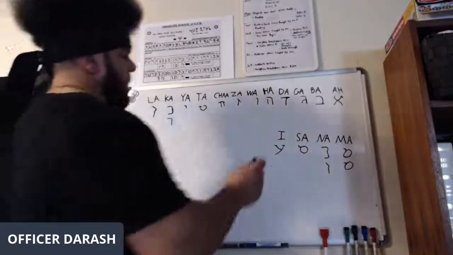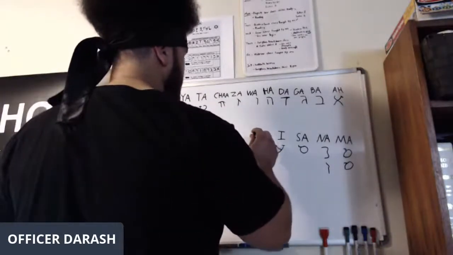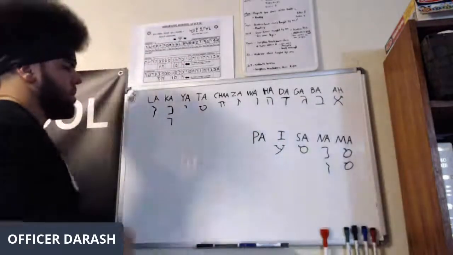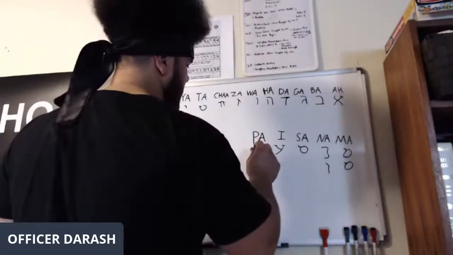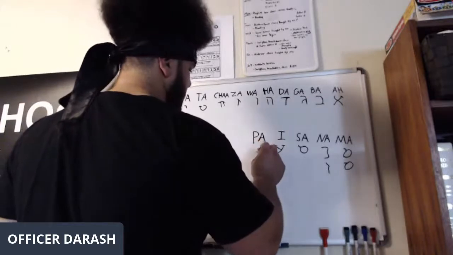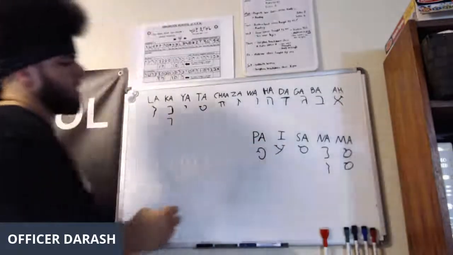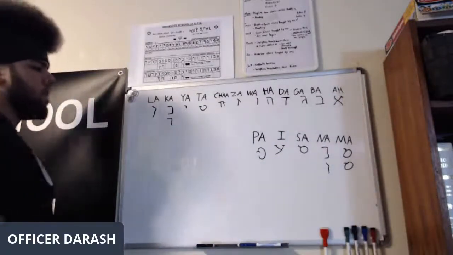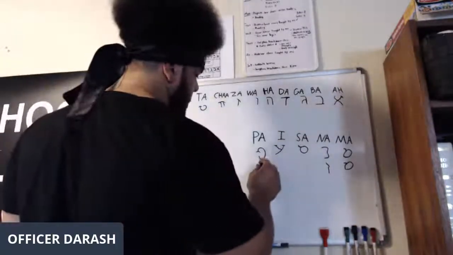Next would be the Pa. Their Pa looks like this. Again, this is where the weird G comes in. Now this is it at the beginning or somewhere in the middle of the word. This is what it looks like at the end.